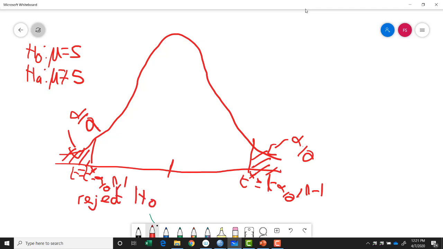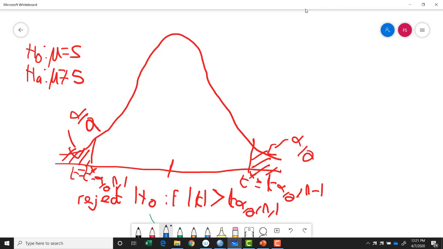Now this time we're going to say if the absolute value of t is greater than t alpha over 2. And this is just because of symmetry. If this was, say for example, 1.71 and minus 1.71, if I have minus 2, then it's going to be greater than 1.71. So just by applying the absolute value, we can put these two into the same equation.